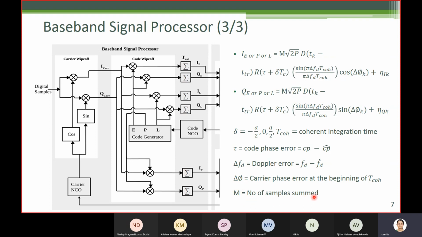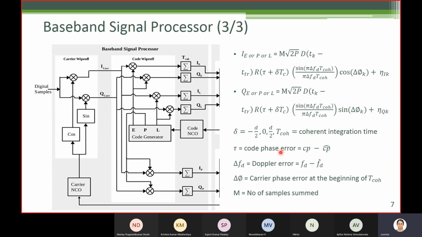M is the number of samples summed. Imagine a particular configuration where the sampling frequency is 5 megahertz. Meaning, how many samples do we have? 5 into 10 to the power 6 samples in a second. Coherent integration time is of the order of 1 millisecond to 20 milliseconds.